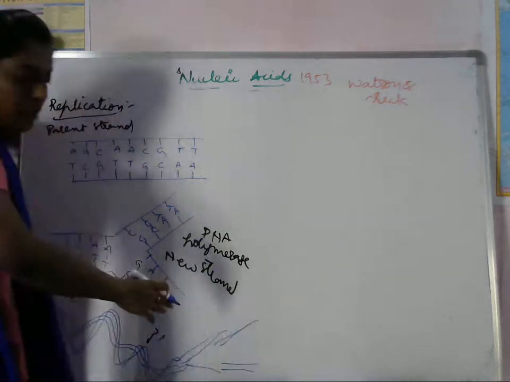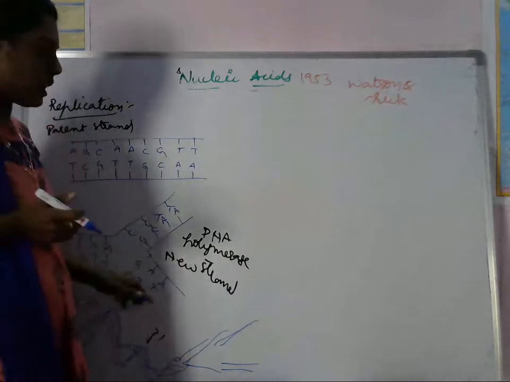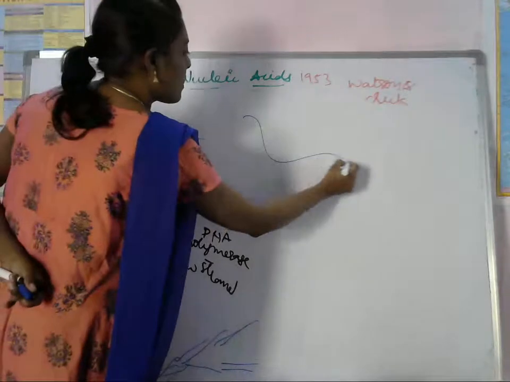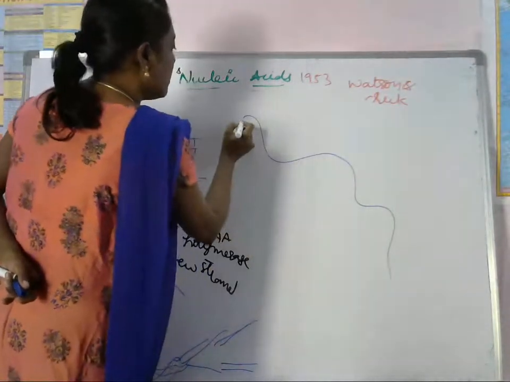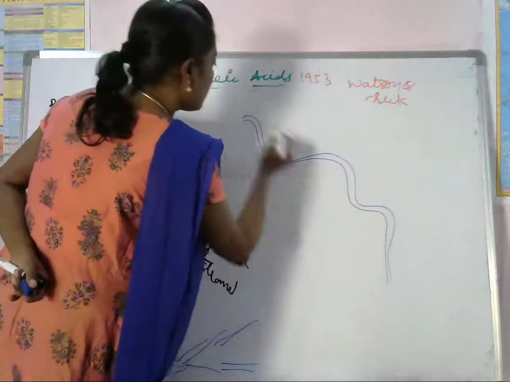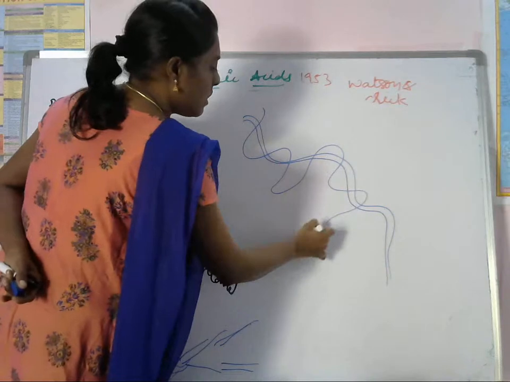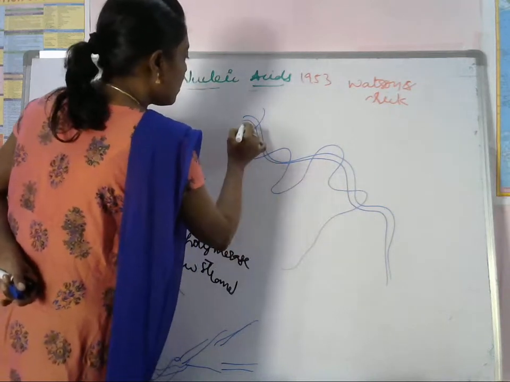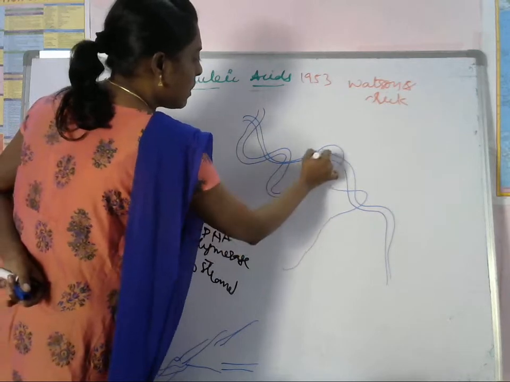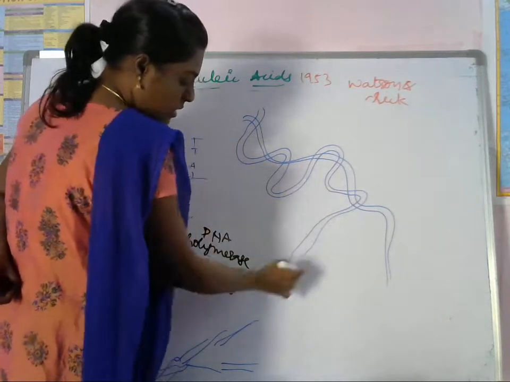The new strand will be produced like this. This is the double stranded one, which is in helix form, and which produces the daughter strand. Okay, daughter strand.